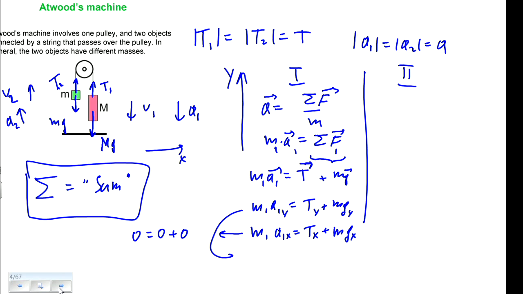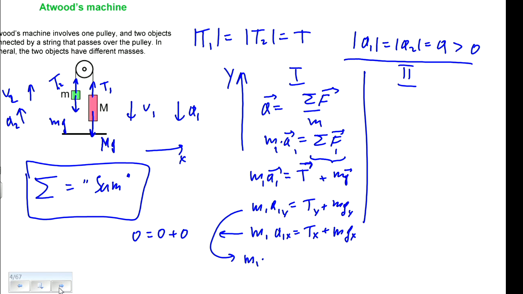But this equation tells us m1 times, now, these vertical bars represent the magnitude, the word magnitude. So this symbol represents the magnitude of acceleration.